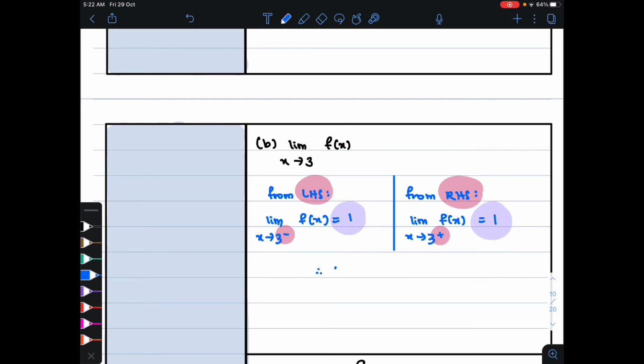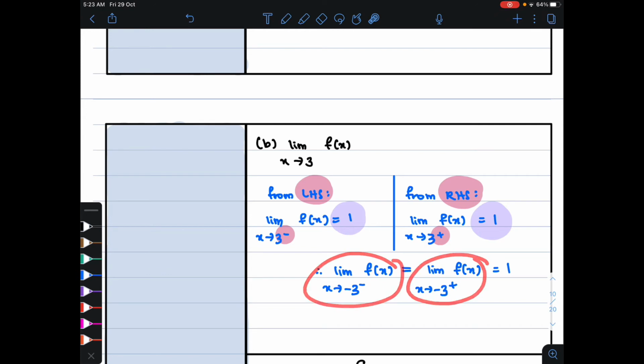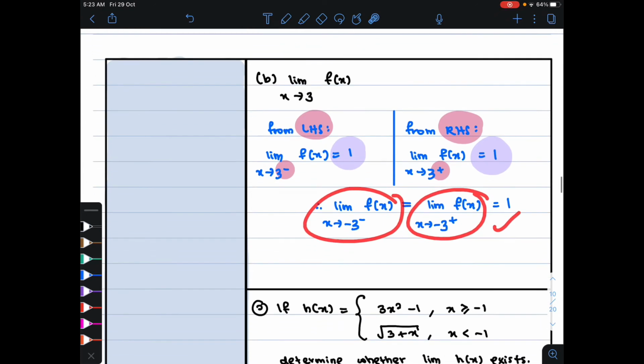So we can make the conclusion, the limit of f(x) as x approaching 3 from the left hand side is equal to the limit of f(x) as x approaching 3 from the right hand side, and the value is 1. So if both limits are the same, does the limit exist? The answer is yes.